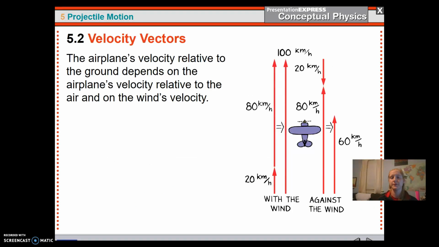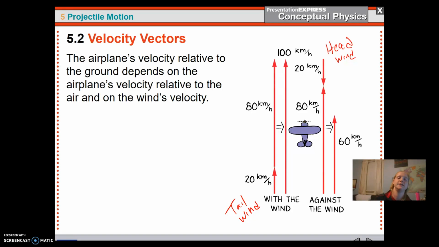Here's a prime example. Here's an airplane, and on the left there is a tailwind. On the right there's a headwind. Notice each time the tailwind or the headwind is 20 kilometers an hour, and that ends up in a different resultant each time.